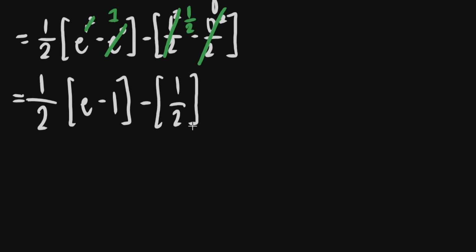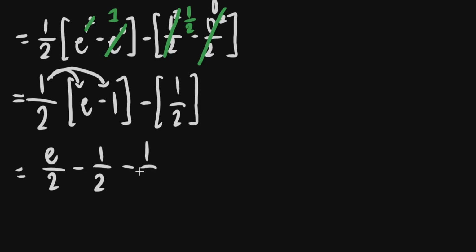To simplify it even further, we just need to distribute this. So e over 2 minus 1/2 minus 1/2 would be minus 1. So e all over 2 minus 1.